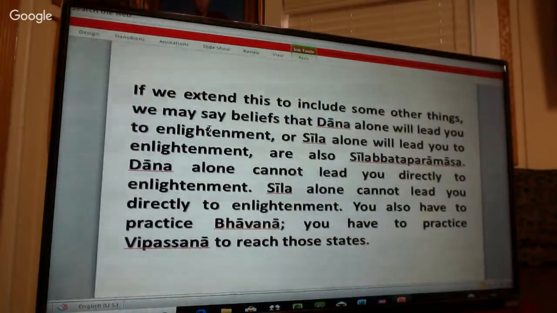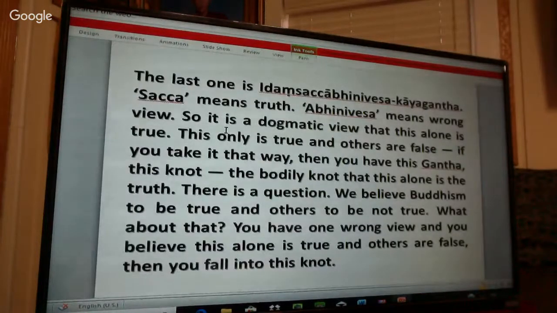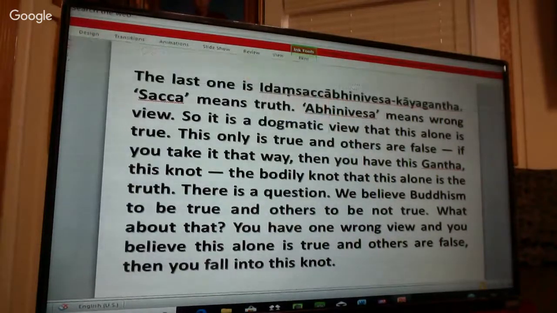Okay, then the last one. The last one is Idam Saccābhinivesa Kāyagantha. Idam is 'this'. Sacca is 'true'. Sacca is always true.